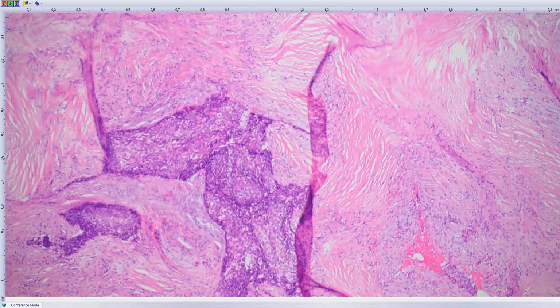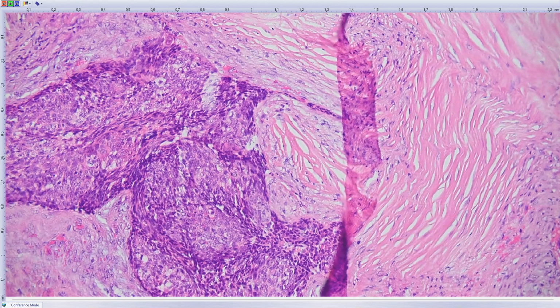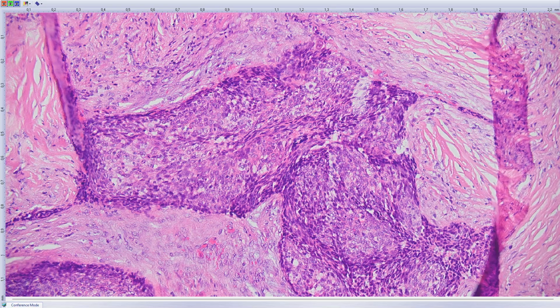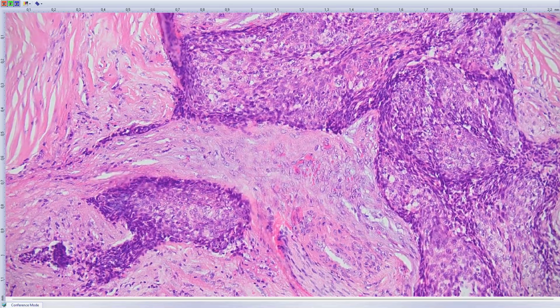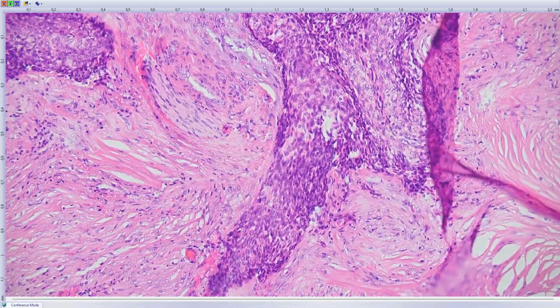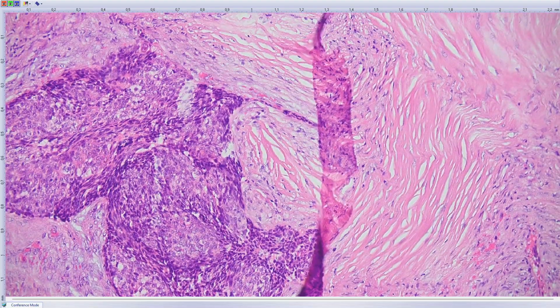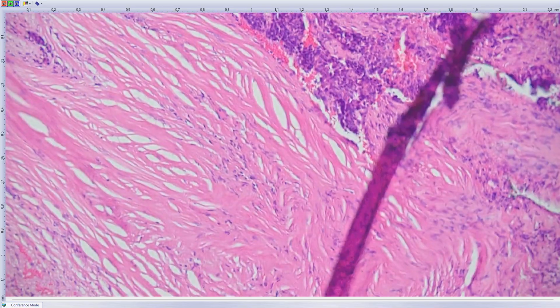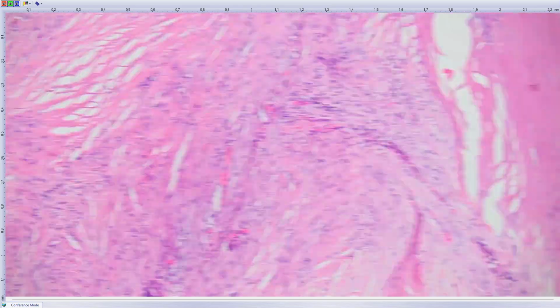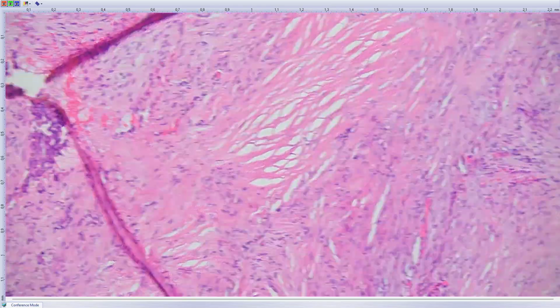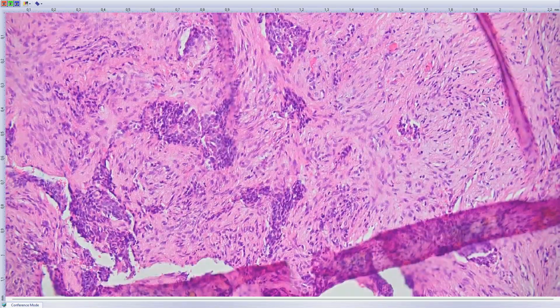High magnification may show a little bit of detail of this epithelial component. So you can see that it's quite solid, but there are like 2 cell types if you want to see it, but not really here. The material is quite damaged, and so I'm not capable of showing you many more details.